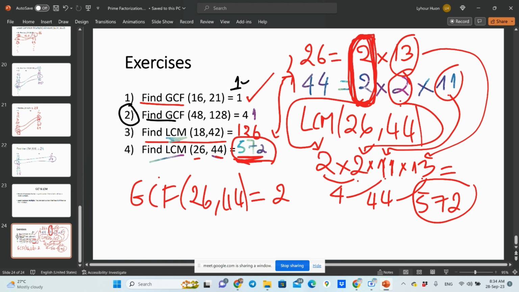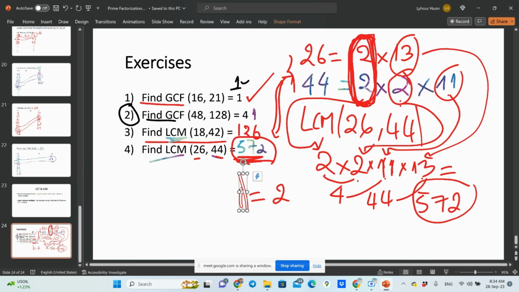But with another method here, it's more convenient and easier. So let me give you one exercise, and we can use this kind of method to figure out the answer.